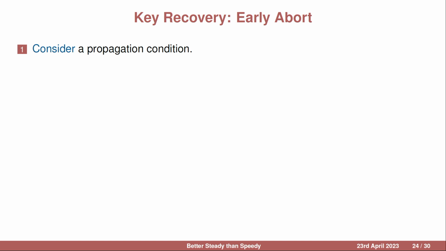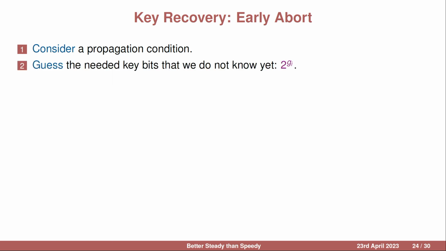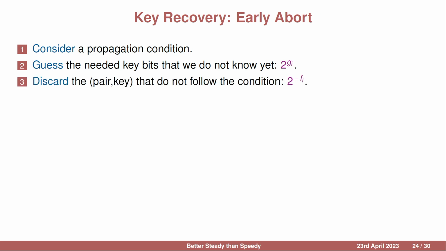We will use a technique called early abort. It consists of the following. First, we consider a propagation condition. Then we guess the needed key bits that we don't know yet, which costs us 2 to the g_i to guess. Then we discard all the key pairs that do not follow the condition, so that's a filter of 2 to the minus f_i. And then we repeat the process until we know the whole key.